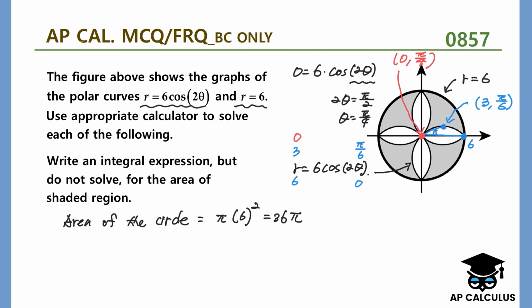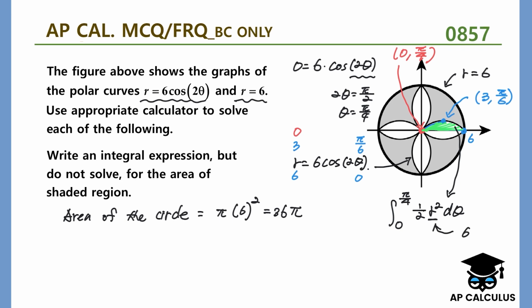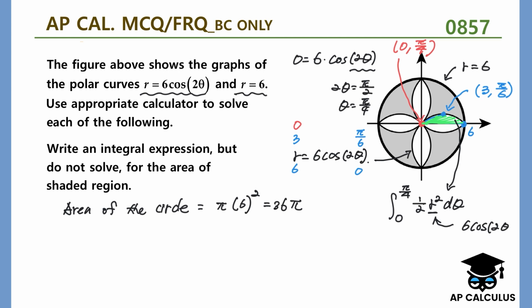So the area of this region right here, from here to here, is going to be the integral from 0 to π/4. The formula for the area of a polar curve is 1/2 r² dθ, and r = 6 cos 2θ.